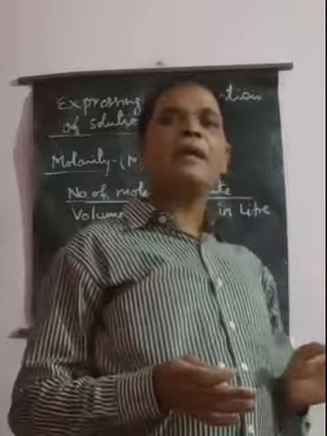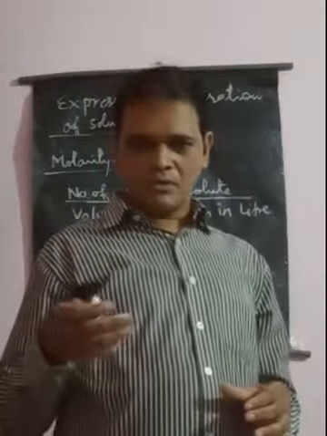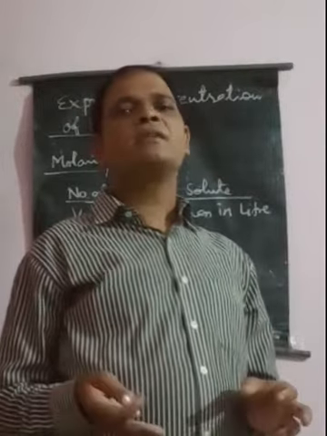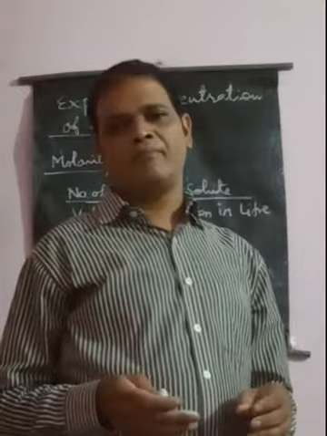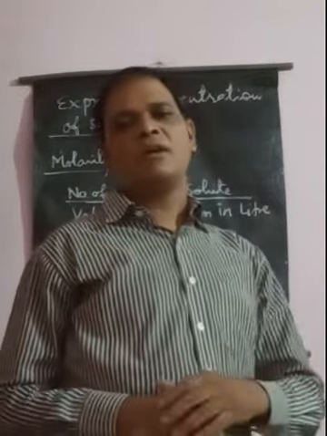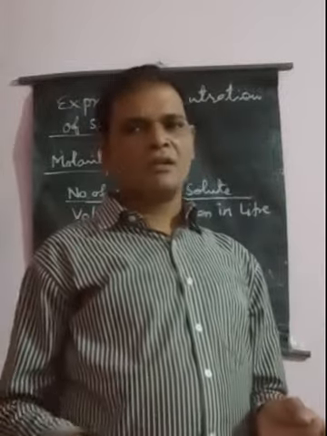It means 58.5 gram of KCl is dissolved in 1 liter of water. If we are taking the solution of KCl in water, then you can calculate the molarity very easily. How we will calculate the molarity we will see next time.